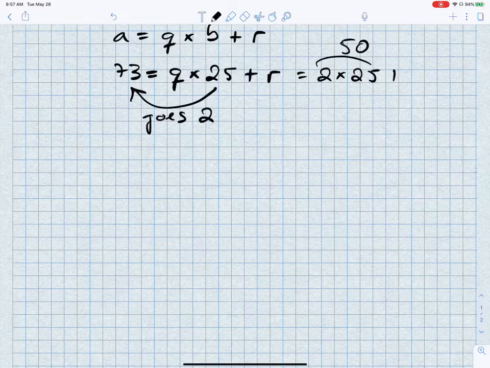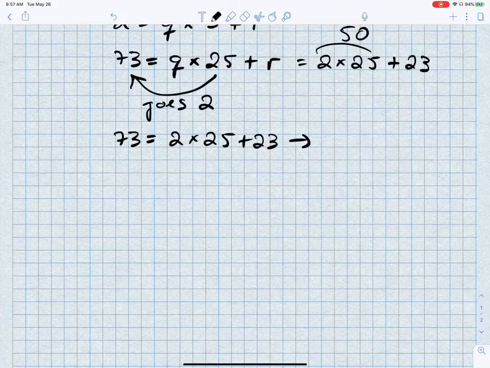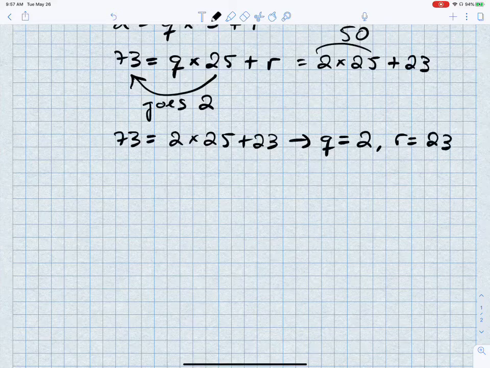We would need 23 more to get to 73. Then we plug it in again, it comes out to be that 73 is equal to 2 times 25 plus 23, and from this we have that the quotient is 2 and that the remainder is 23.